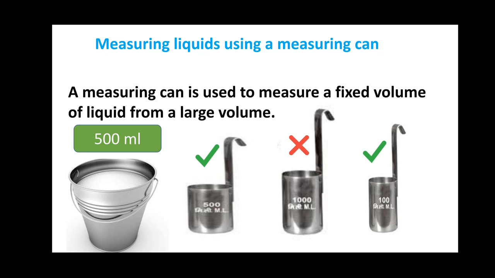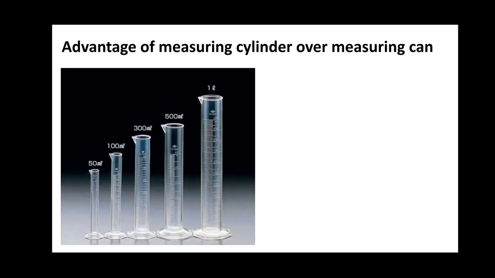One advantage of the measuring cylinder over the measuring can is that different levels of liquid can be measured in one measuring cylinder. Here you can see measuring cylinders of different capacities such as 50 ml, 100 ml, 300 ml, 500 ml and 1 liter. In this, I am selecting a measuring cylinder of 100 ml.